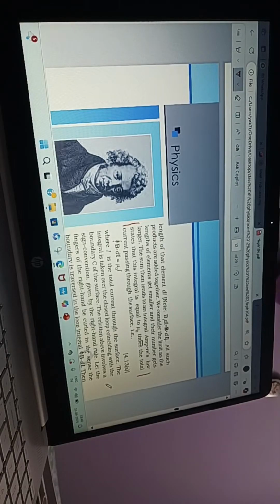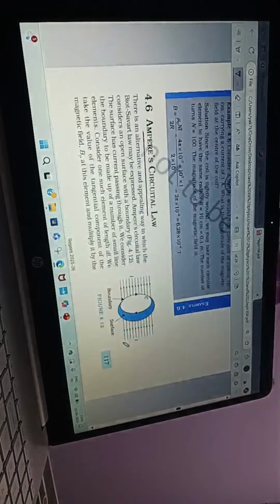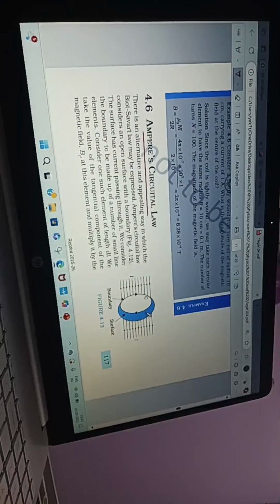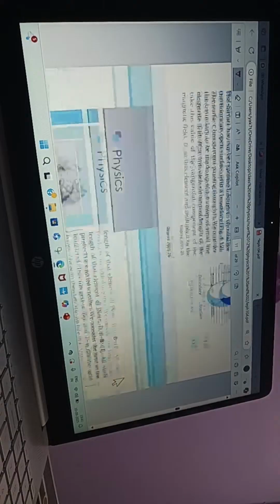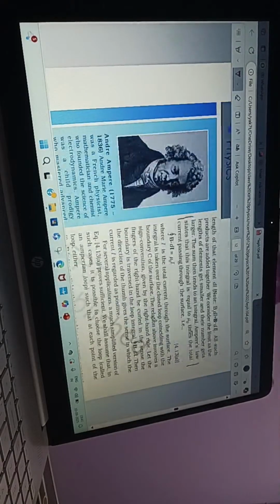Ampere's law states that the integral is equal to mu naught times the total current passing through the surface. That is, the integral of B dot dl is equal to mu naught times the total current passing through the surface. Which surface? This is the surface. In the surface, whatever current is passing, that is I. So this is the formula.